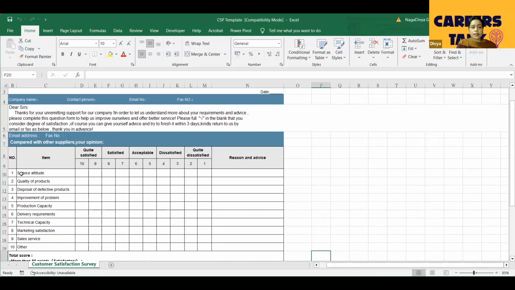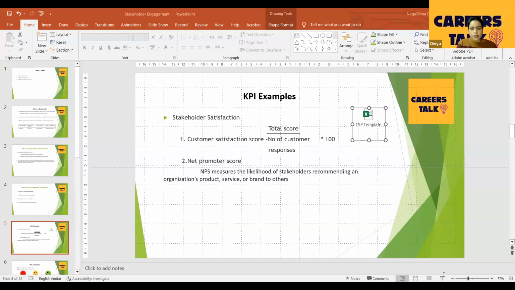The customer needs to rate each and every service over here and give a reason for that. In that way, we give this template to various customers who are using our service and try to get the rating of all the services.